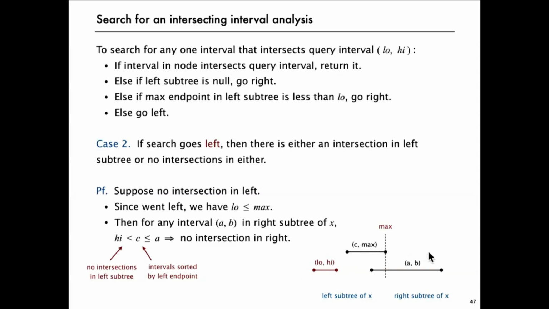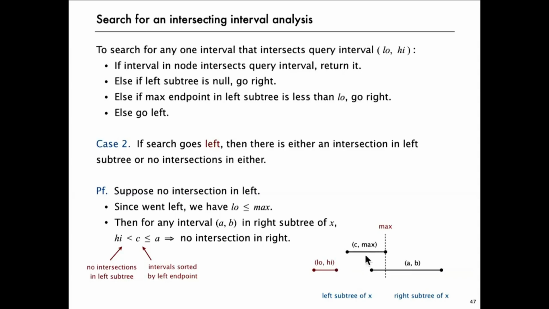But any interval in the right subtree has to appear after low, because since there are no intersections in the left subtree, high has got to be less than C, because they're sorted by left endpoint.